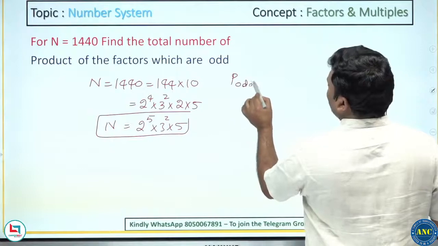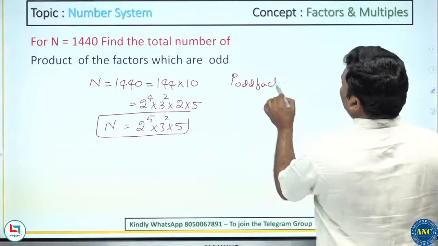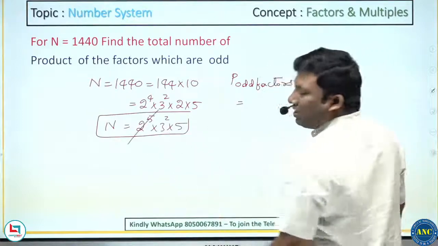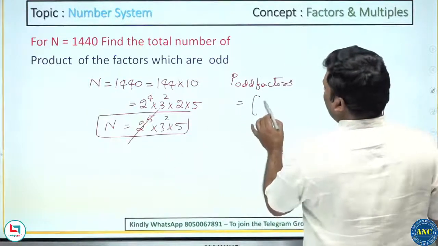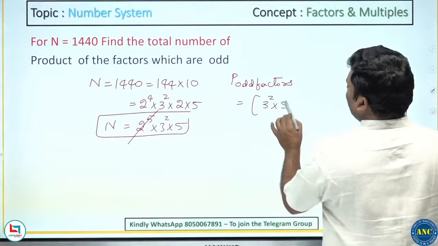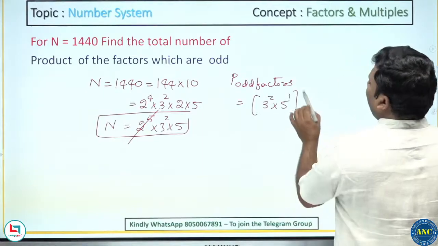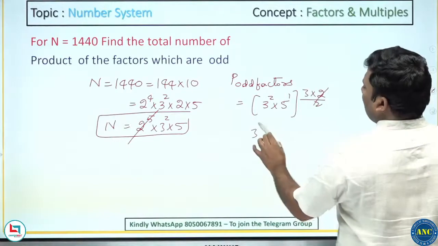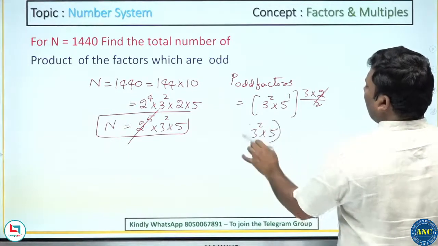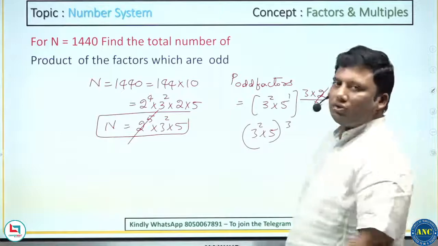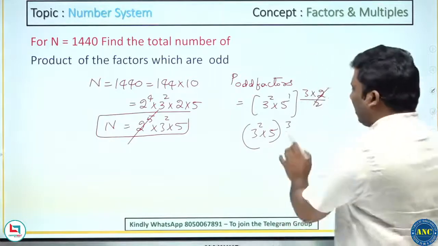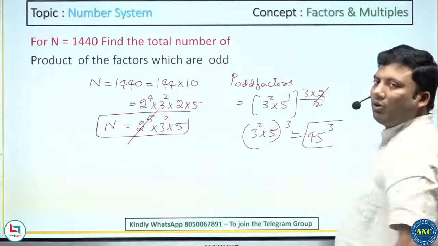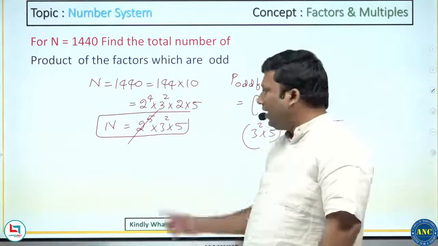Product of odd factors is given by, from odd factors determining even factors is easy. Odd factor is never divisible by 2. So total odd factors are 3 square into 5. Power number of factors will be 3 into 2 by 2. 3 square into 5 power 3. So again the answer for 1440 is 45 cube. 45 cube. I hope the idea is clear.